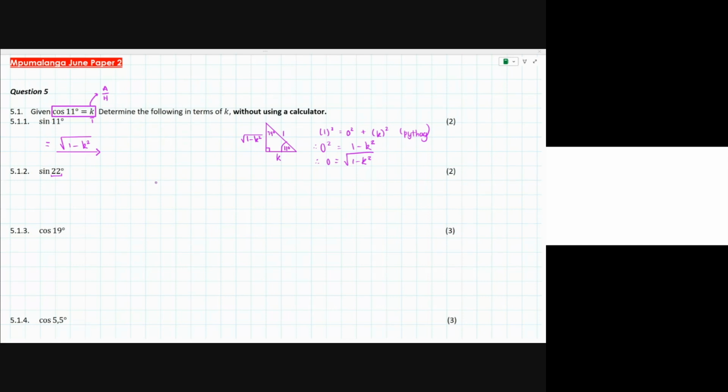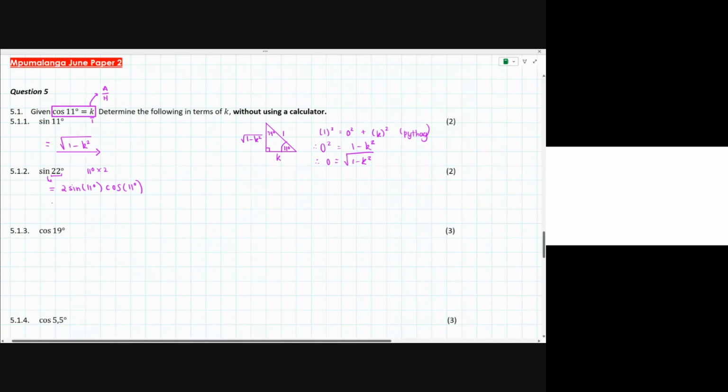Okay, guys, this is a double angle. If you took 11 degrees, which is in your triangle, and you times it by 2, you get 22 degrees, a double angle. So we can expand this. The sine double angle rule is that sine of a double angle is equal to 2 times sine of half that angle times cos of half that angle. Now we have an expression in terms of the angles we have in our triangle.